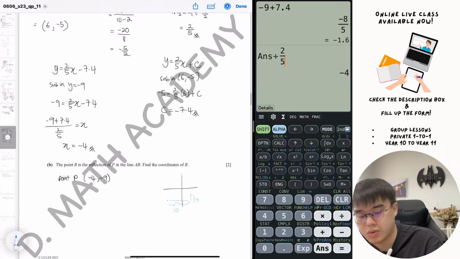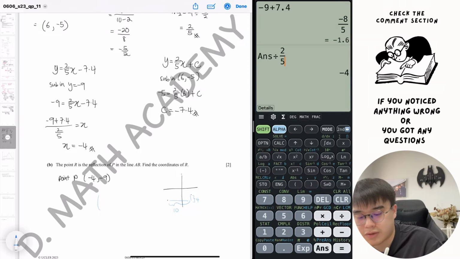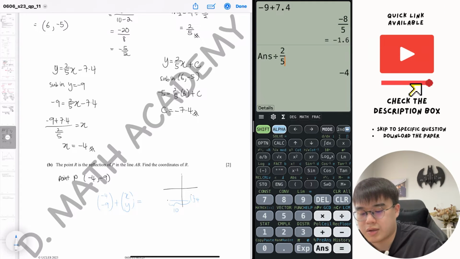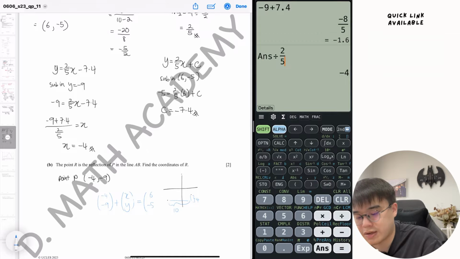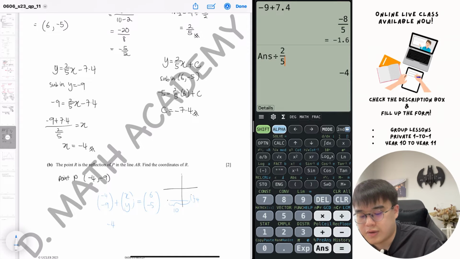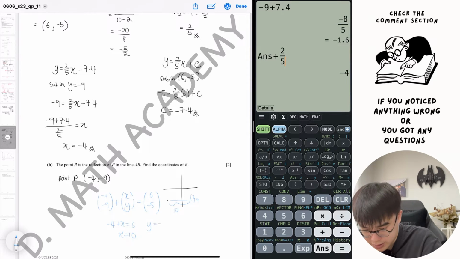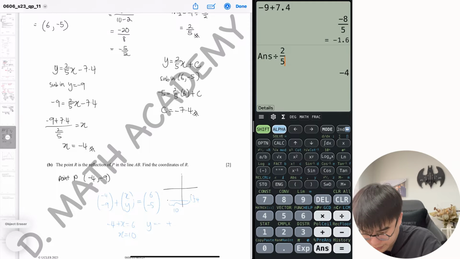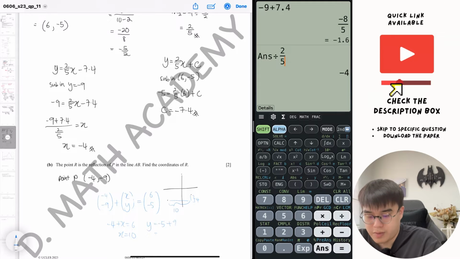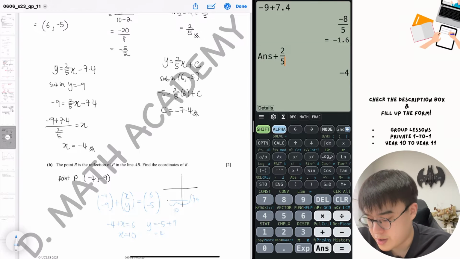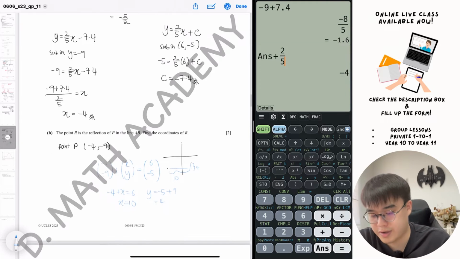Why is it so? You can backtrack the results by having -4, -9 plus something, the x and y here, and you end up with 6, -5. So -4 plus x equals 6, x is actually 10. And y is -5 plus 9, which is 4. That's how you trace the vector here.